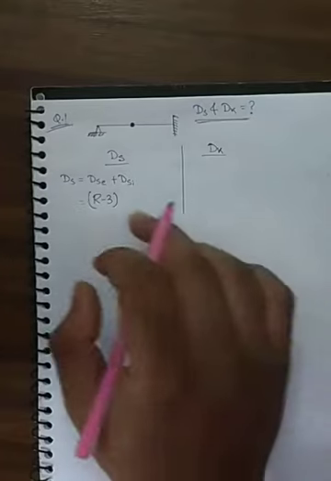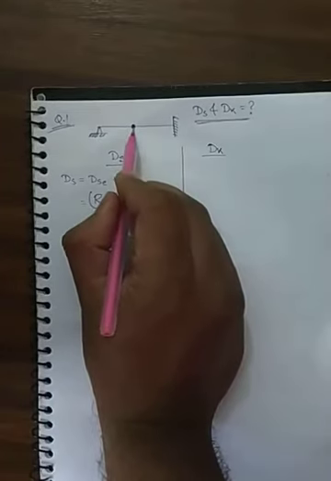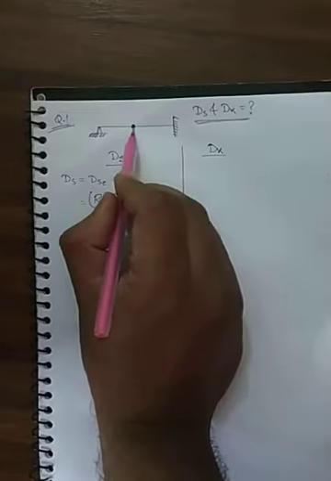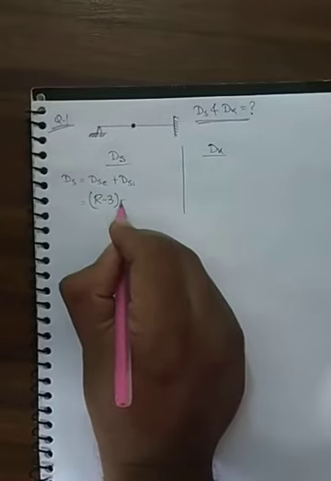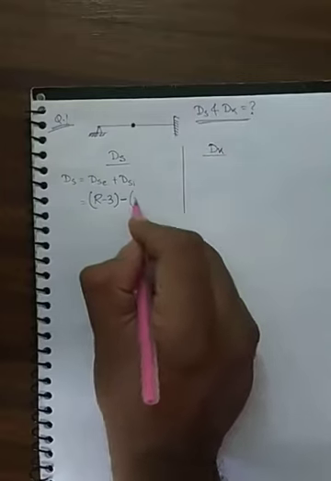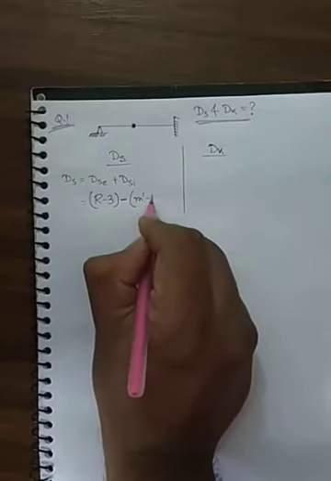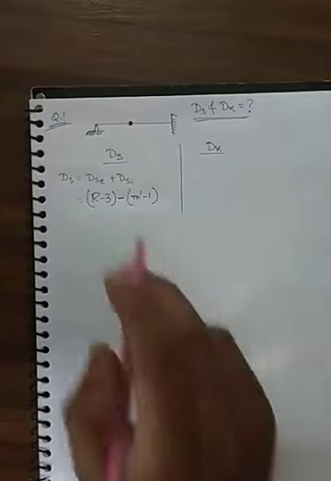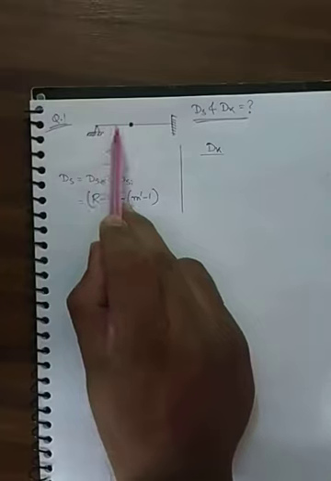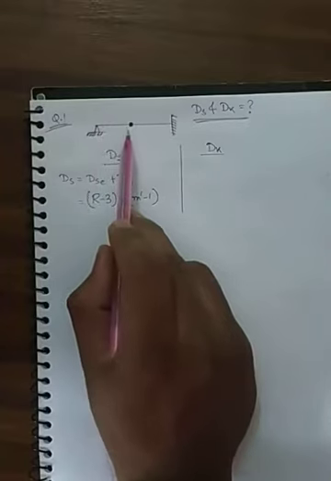Now you can see this is an internal hinge. So in case of internal hinge, there is m dash minus 1. What is m dash? M dash is the number of members connecting to the internal hinge.